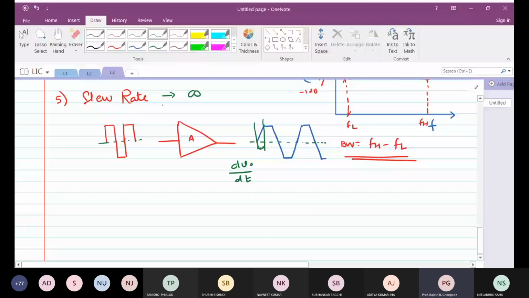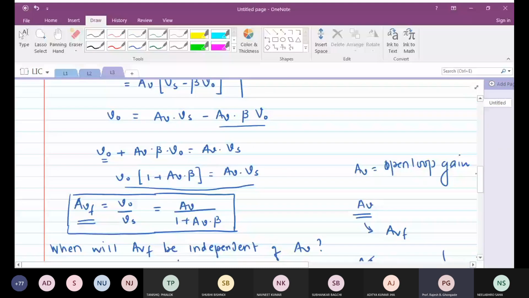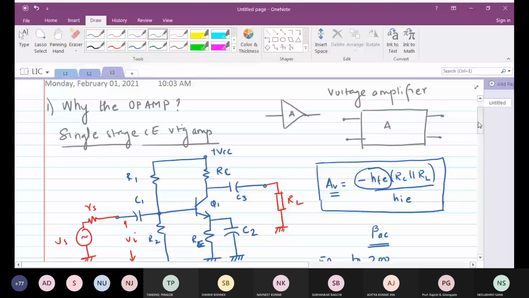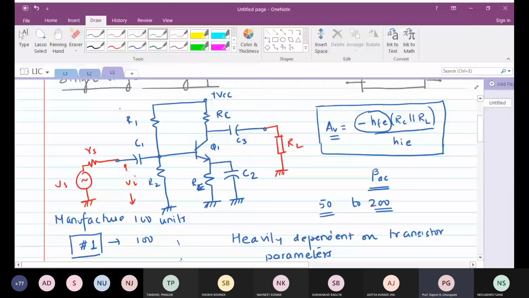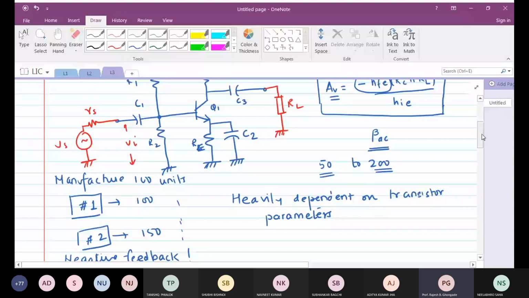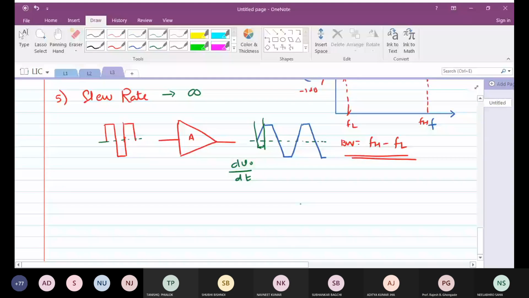So how should you start designing the amplifier, which is going to be your generic amplifier or the basic building block? We have already seen that this also can be used as the basic building block with feedback, of course. But then what will be the problem?